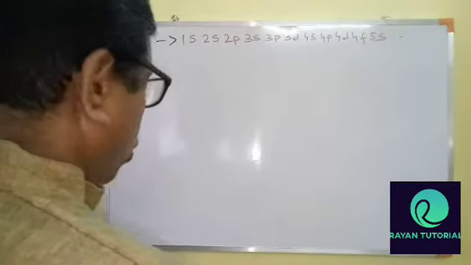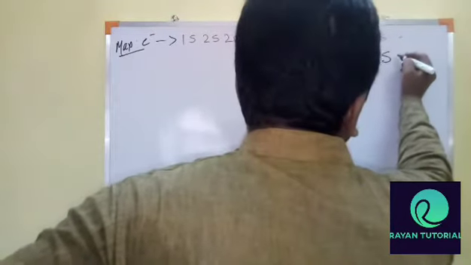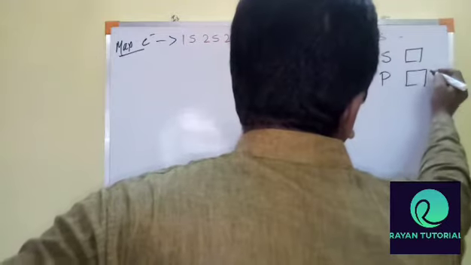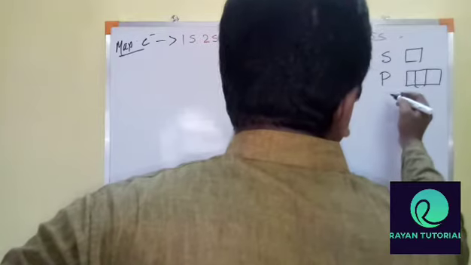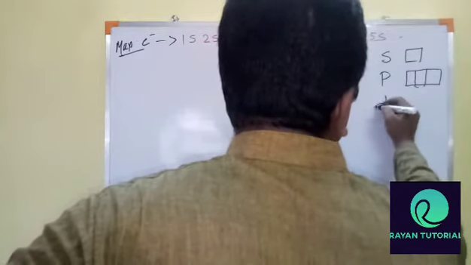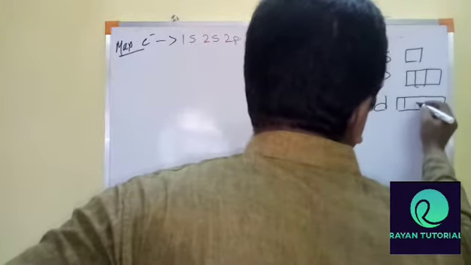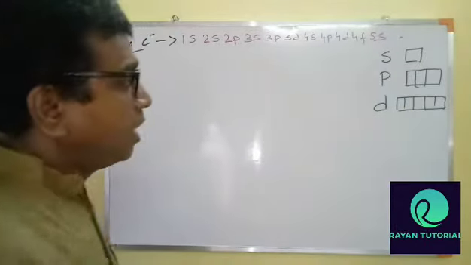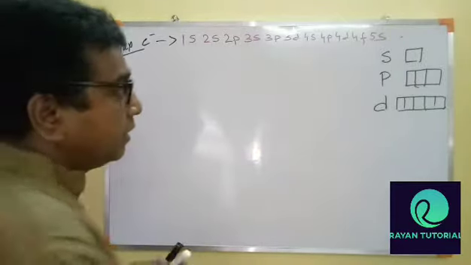See, as we all know, s is like this, then p has one, two, three, four, five, right? In one place, 2 electrons can sit, right?